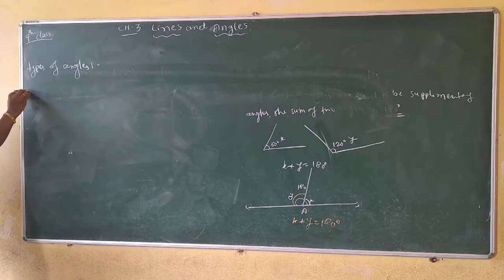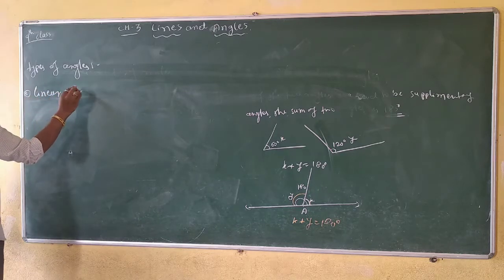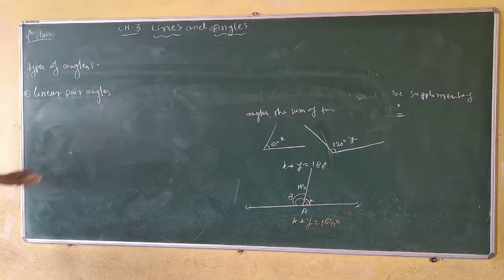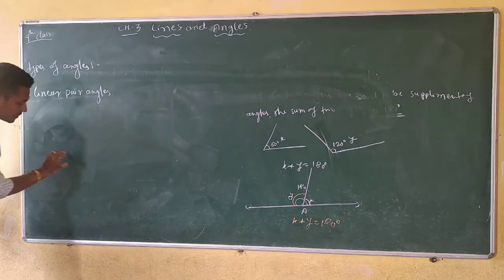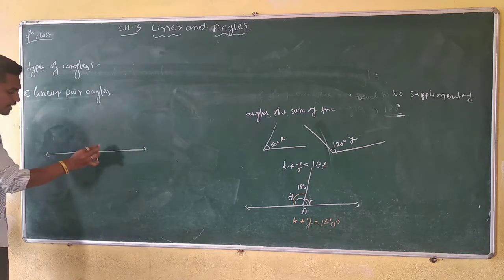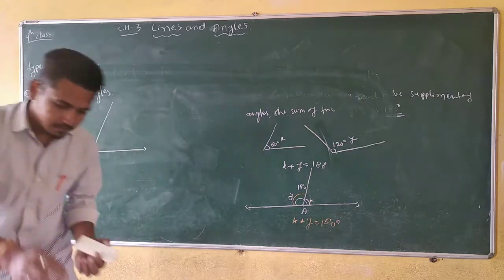Second one is linear pair of angles. Now see here, take one example. This is the vertex A, and this is one arm.